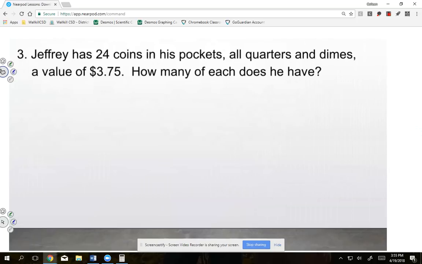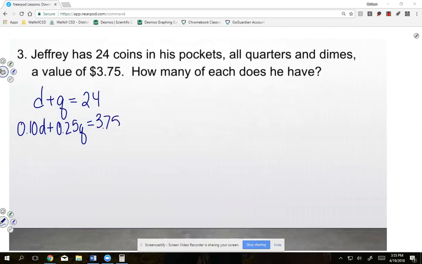Okay, so in this case, she has 24 coins in all, in quarters and dimes. So we're going to start with D plus Q equals 24. Then we add the value: 10 cents times D plus 25 cents times Q equals $3.75.